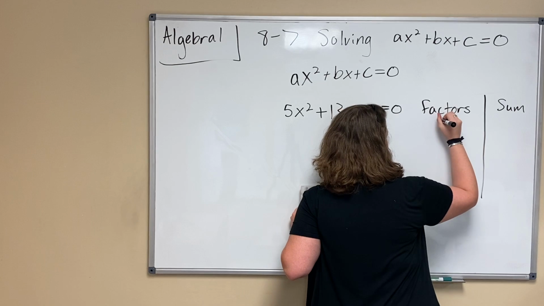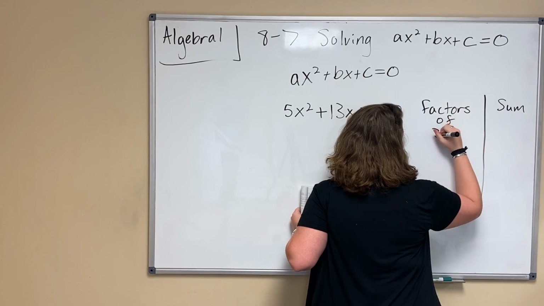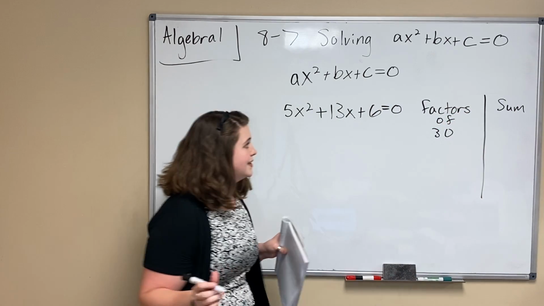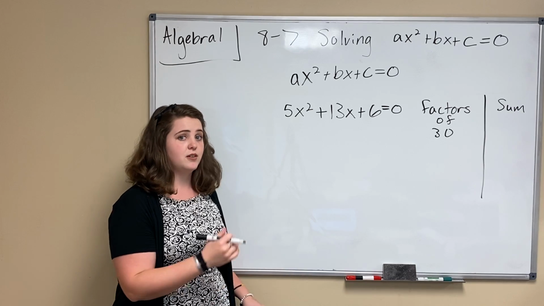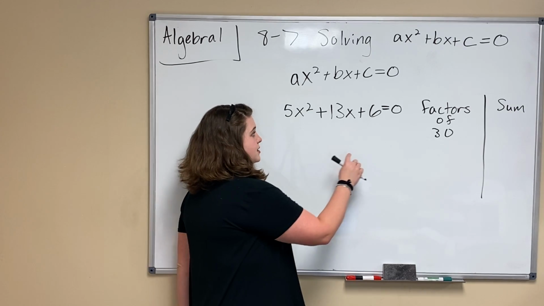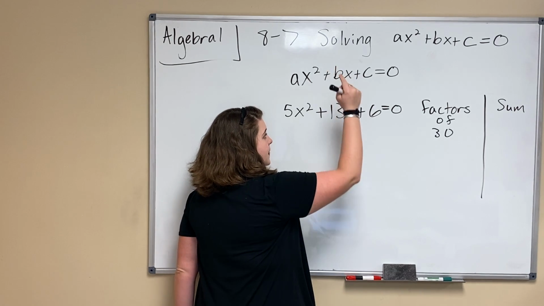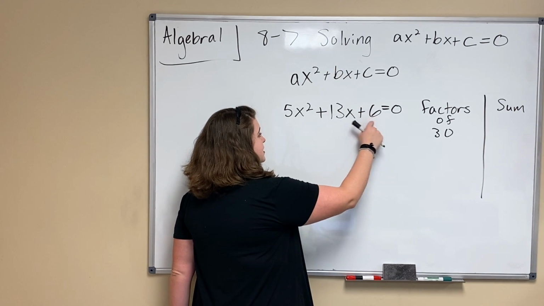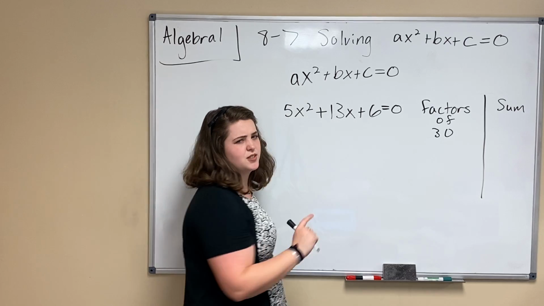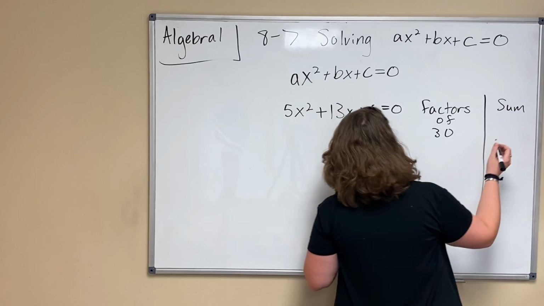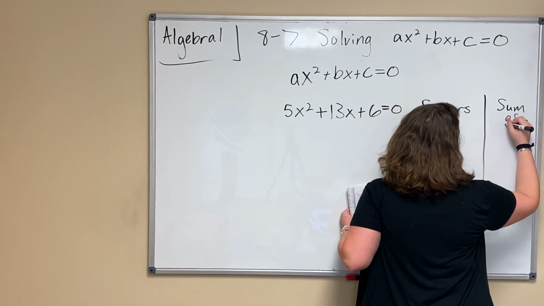My a times c is 30, so I'm going to look for my factors of 30. That's the biggest difference compared to yesterday: instead of just doing the factors of c and the sum of b, I have to do the factors of c times a, but we're still using the sum of b, which in this case is 13.